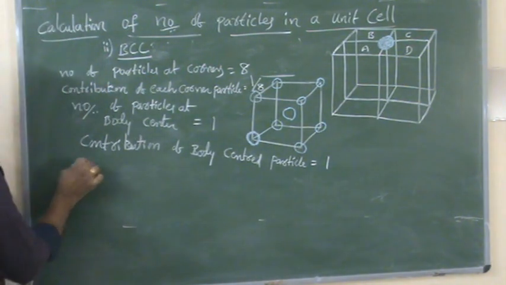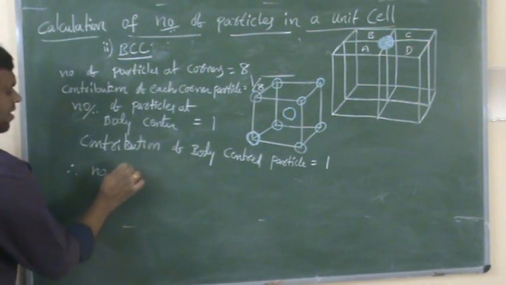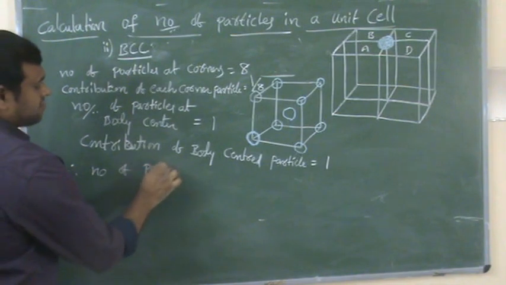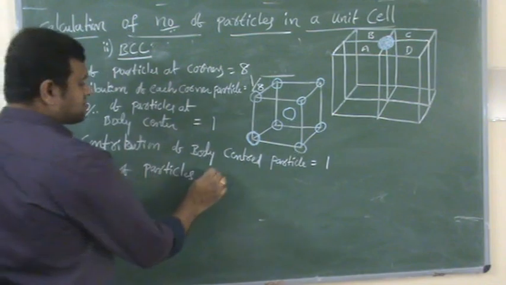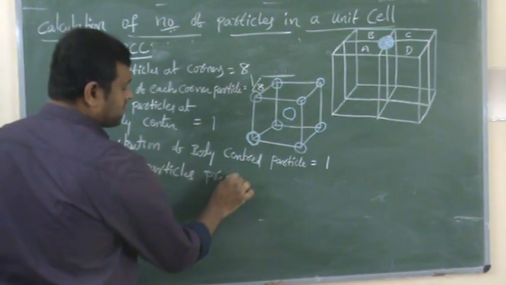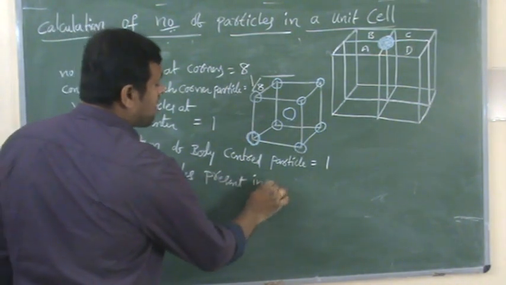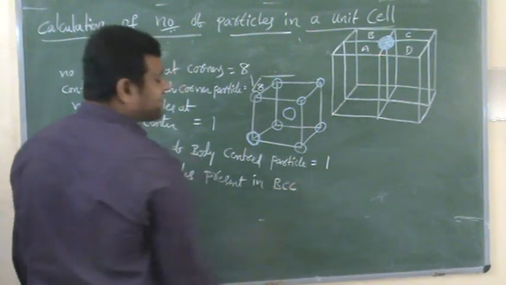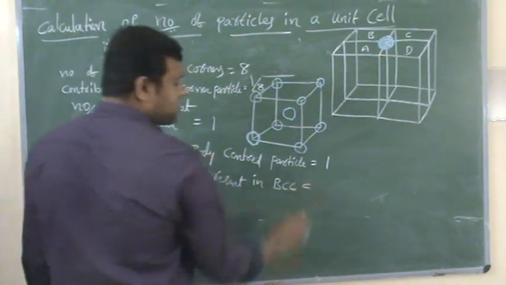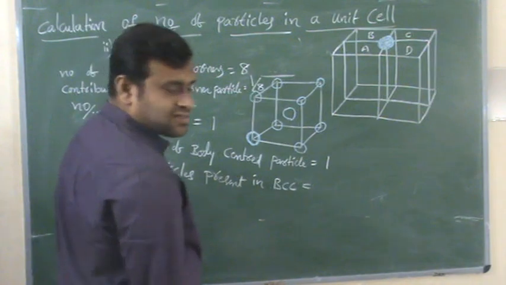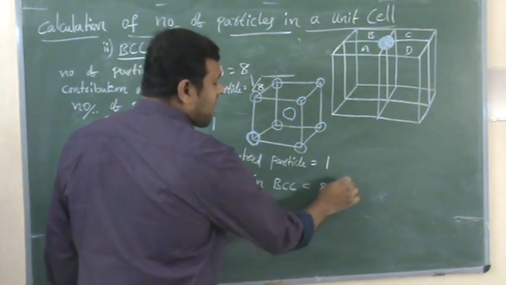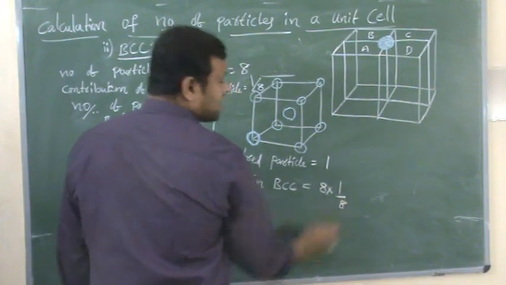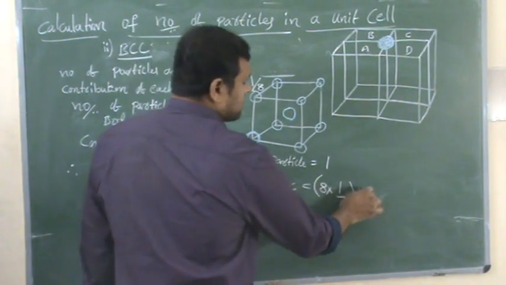Therefore, number of particles present in body center cubic unit cell, that is BCC, is equal to how many particles at corners? 8 into contribution of corner particle, 1 by 8. Is it correct?